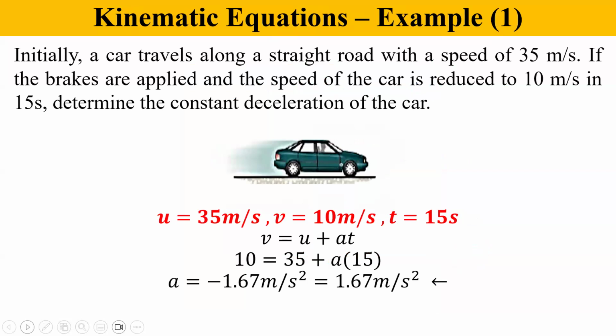Initially, a vehicle, a car, is traveling along some straight road, having some speed, and the speed here is 35 meters per second.